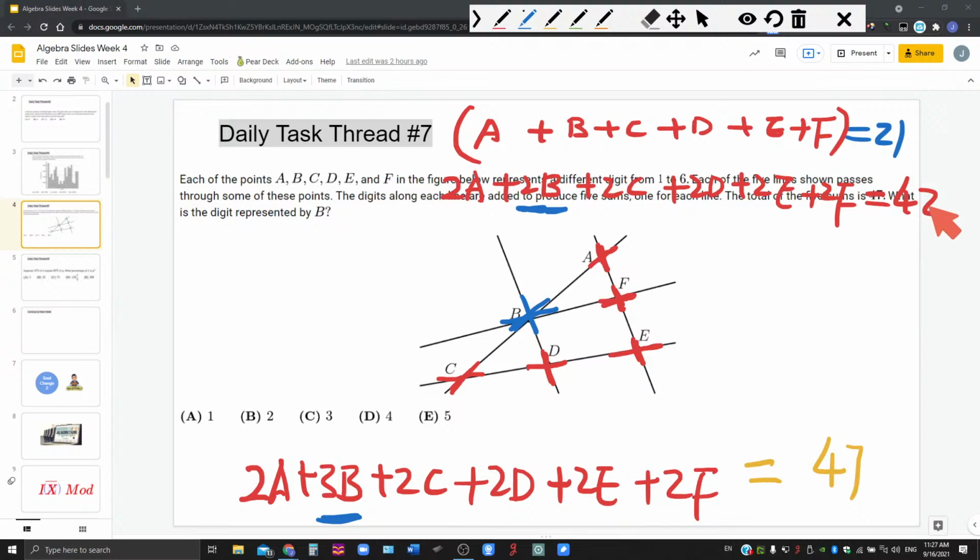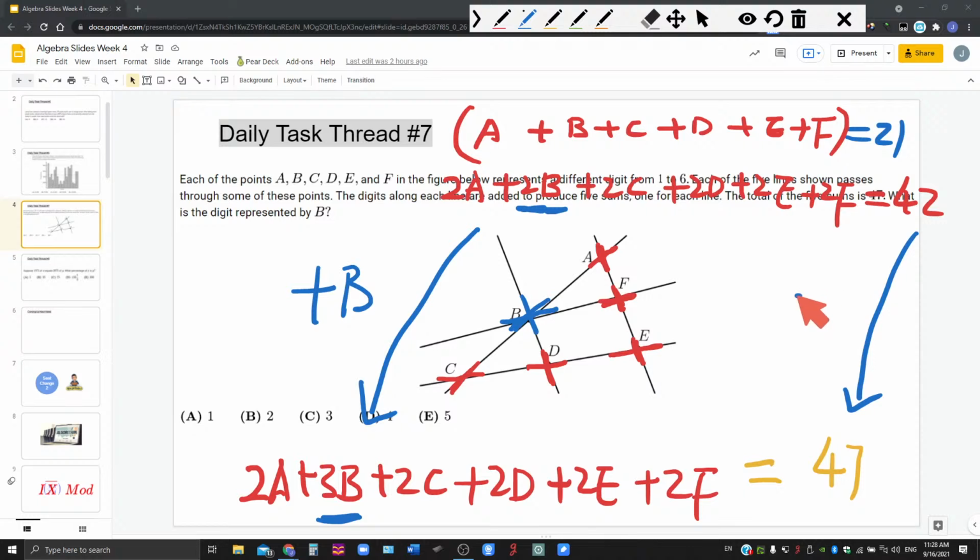Or the 47 is 1B more than the 42, right? So the difference between the top and bottom is 1B, and that 1B is 5. The 1B is 5, right? And you can also tell that from the graph. We know if we add all of them once, that's going to be 21.